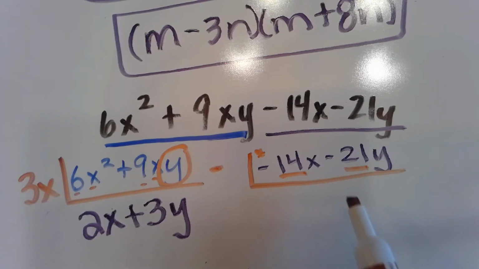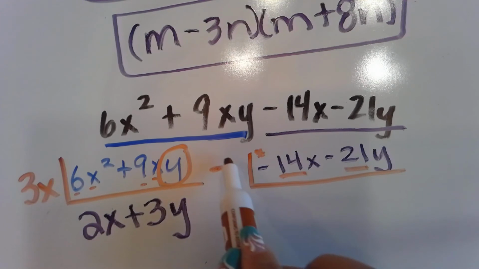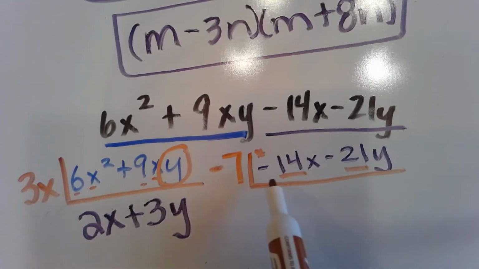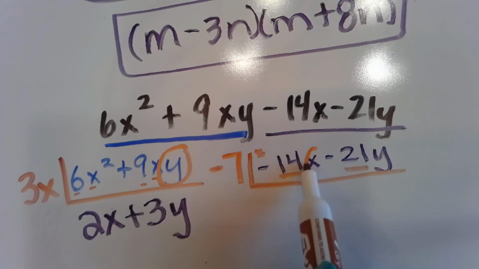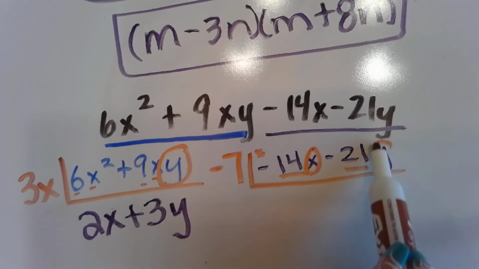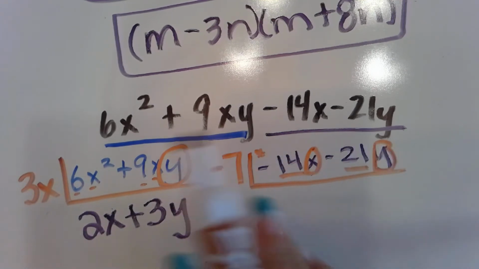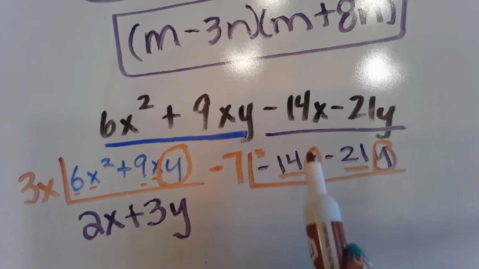What number can go into both 14 and 21? Think about it. It would be 7. Okay, 7's the number. All right. So this one has an x and this one has a y. They're different, so we leave them. They don't share it, so we're leaving them.